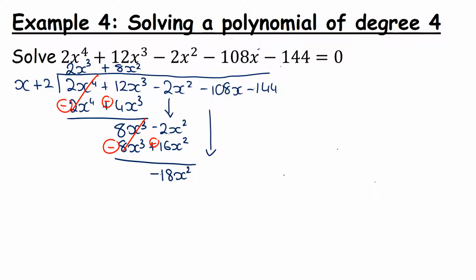We bring down the minus 108x. So here x goes into minus 18x squared minus 18x times. So we have minus 18x squared, and minus 18 by plus 2 is minus 36x, and we change our signs.